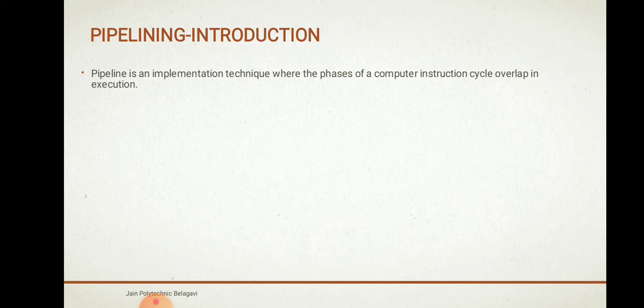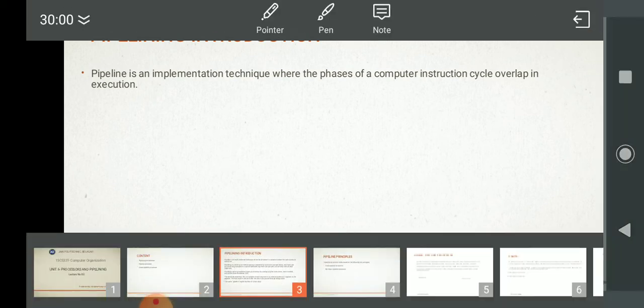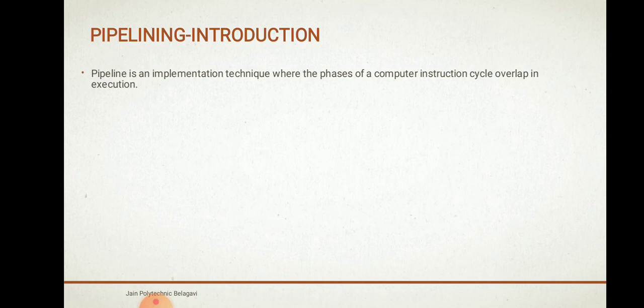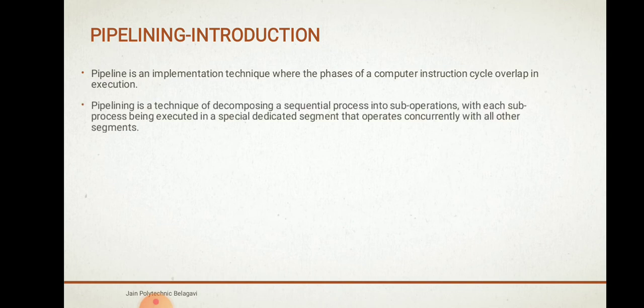But in pipelining, the phases, that is fetch, decode, and execute, will be executed at a time. It means all three phases of instructions will be executed at the same time. That is called pipelining. Pipelining is a technique of decomposing a sequential process into sub-operations.